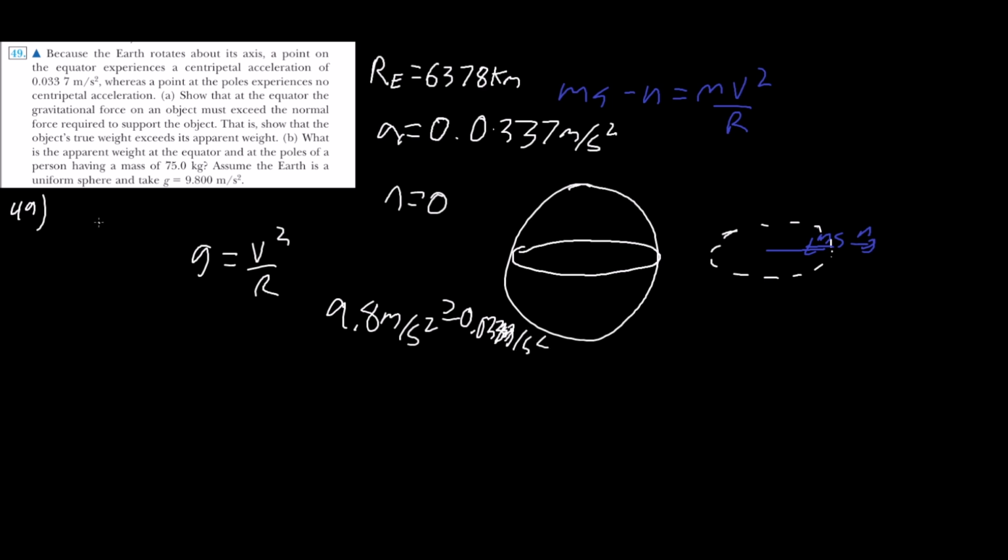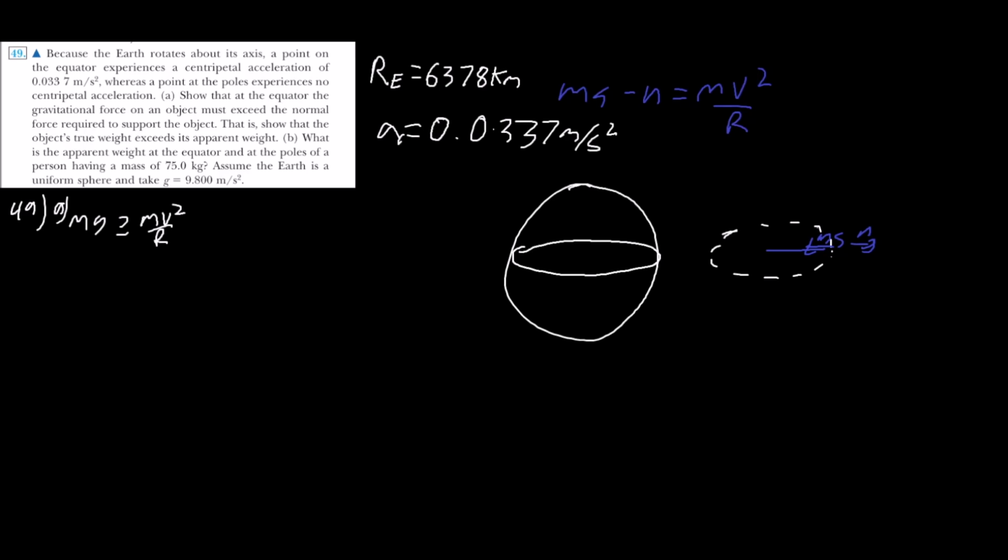So this would have to be greater. So let's just say that mg, whatever this is, would have to be greater than v squared over r. All right, so I guess that's going to be part A. I don't know what they want.